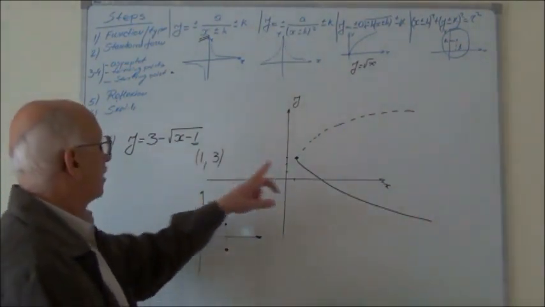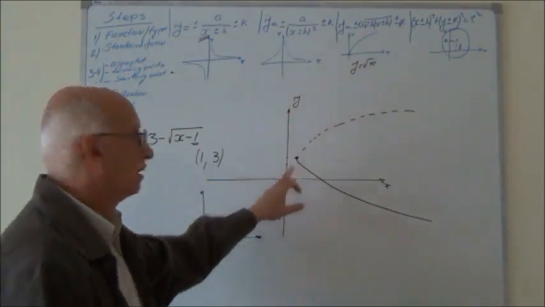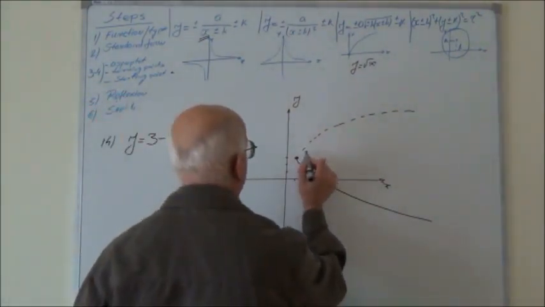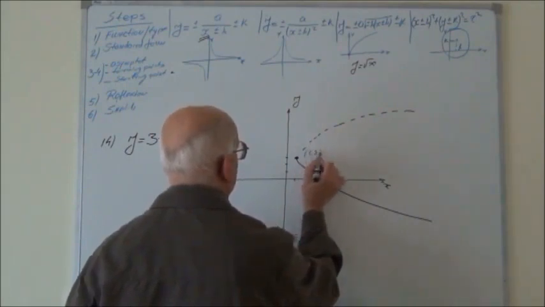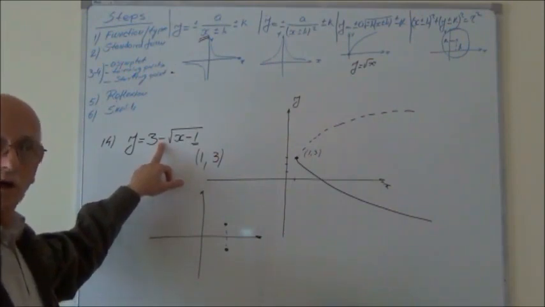What we had here was a starting point with coordinates 1 and 3. We also had a reflection in the x-axis.